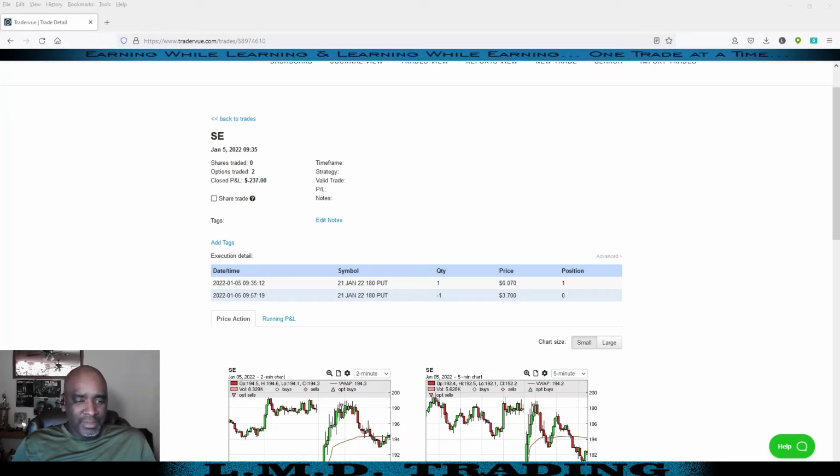I got into that trade, didn't get my bracket set, turned back, and by the time I noticed it, it had already taken off and put us in the hole. So got in the trade, forgot to set the brackets, and by the time I noticed it, it had already gone against us.